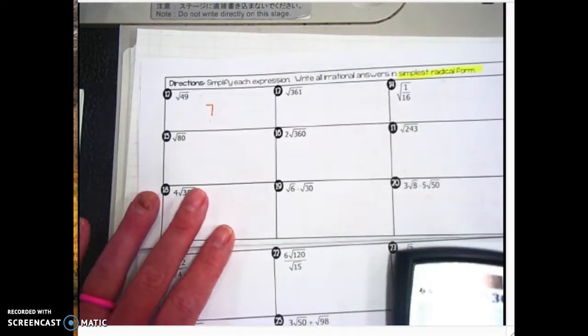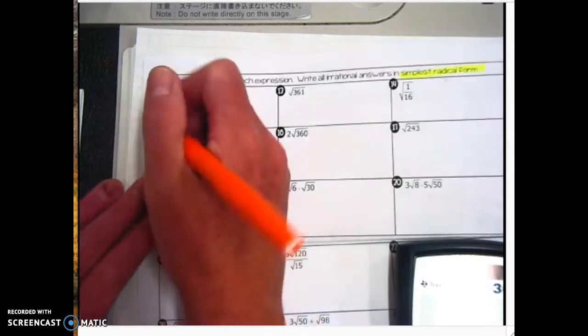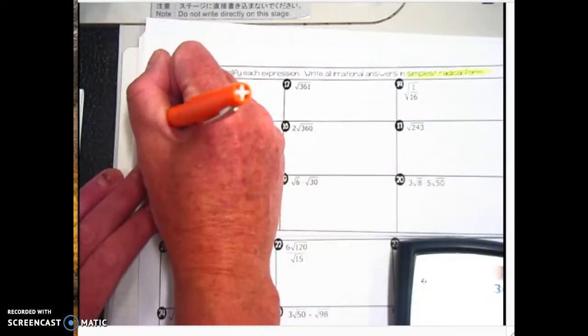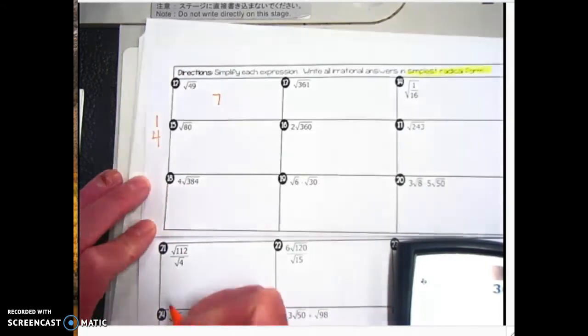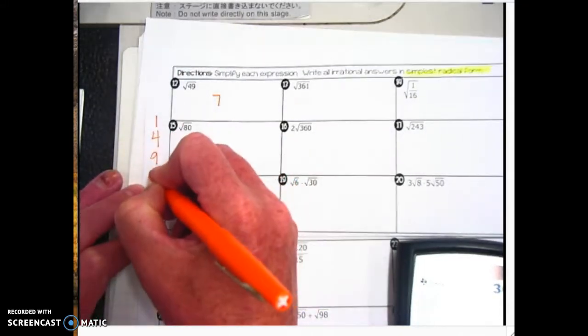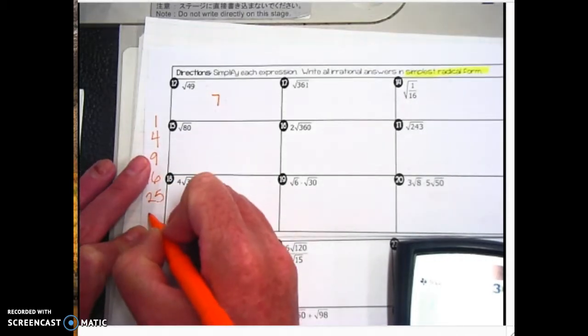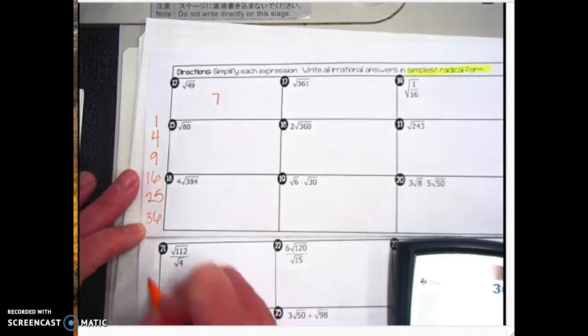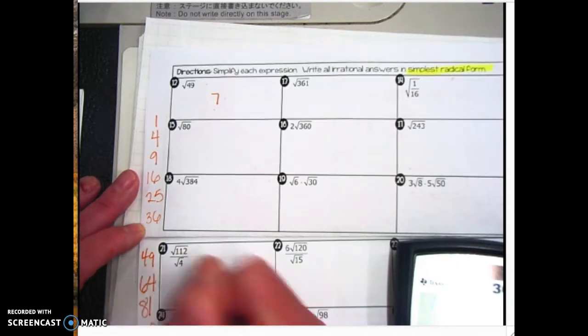And most of you know your perfect squares probably up to at least 100, maybe even up to 144, right? Like the square root of 1 is 1, 2 squared is 4, 3 squared is 9, 4 squared is 16, 5 squared is 25, 6 squared is 36, 7 squared is 49, 8 squared is 64, 9 squared is 81, and then obviously 10 squared is 100.